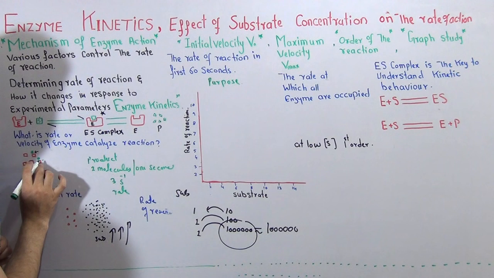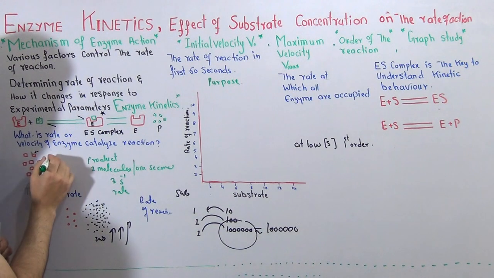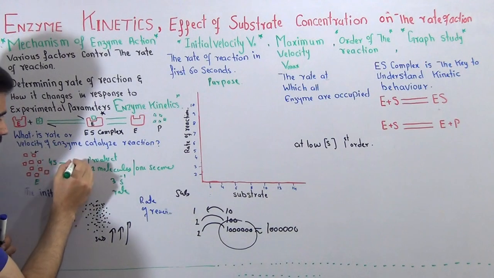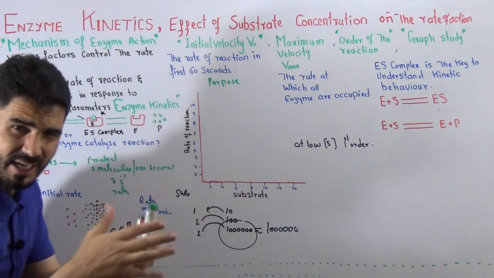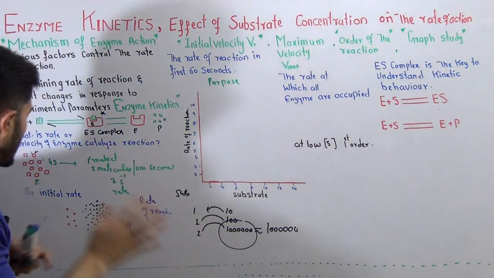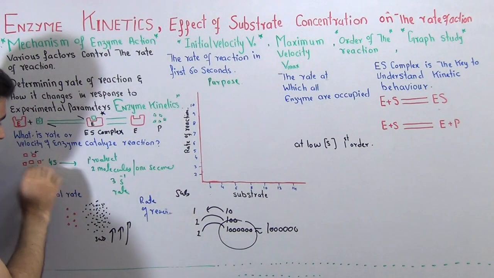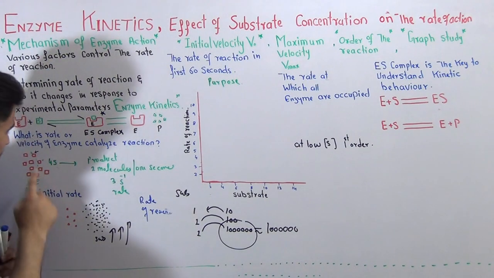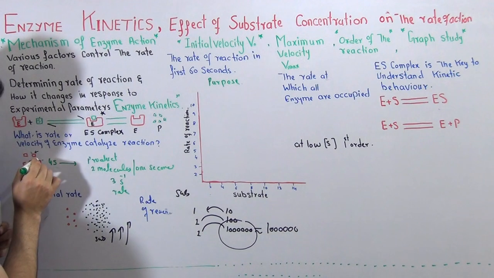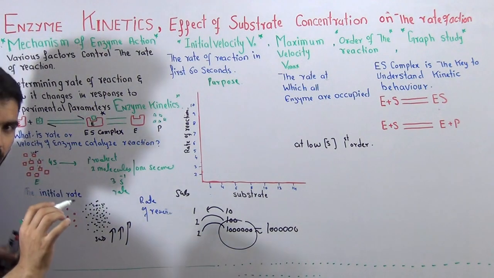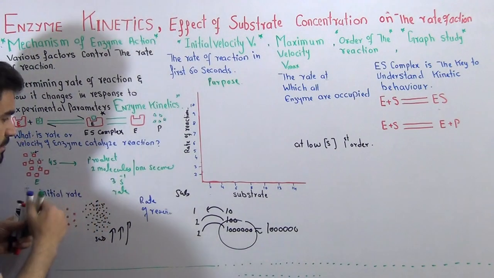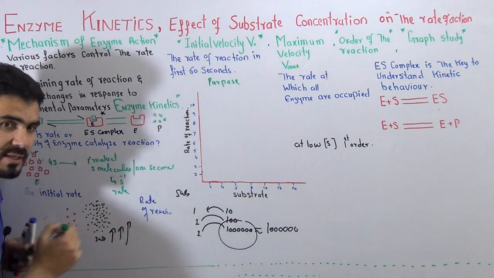If I use 4 substrate, then in the first second, these 4 substrate molecules will be catalyzed. And how? These 4 enzymes will be used, 1, 2, 3, 4, and we will get 4 molecules per second.